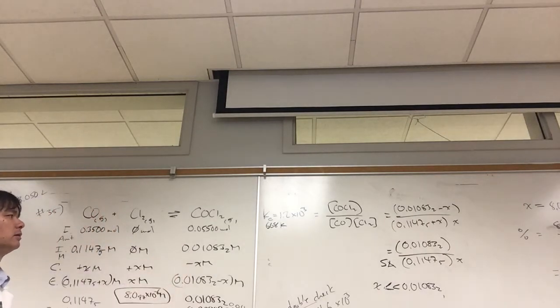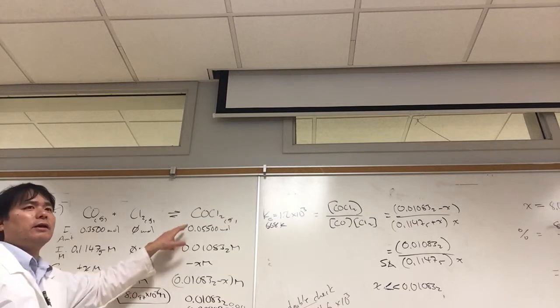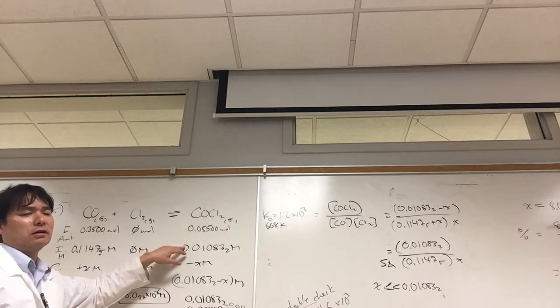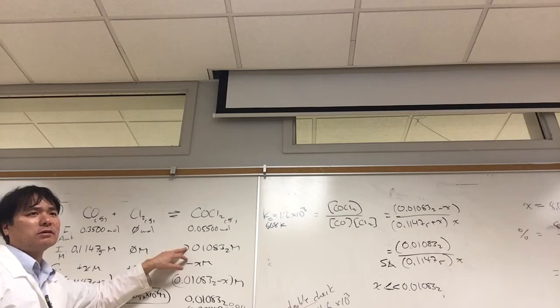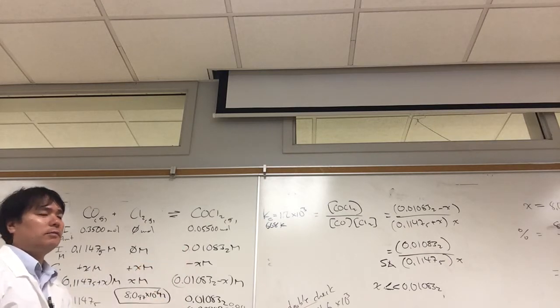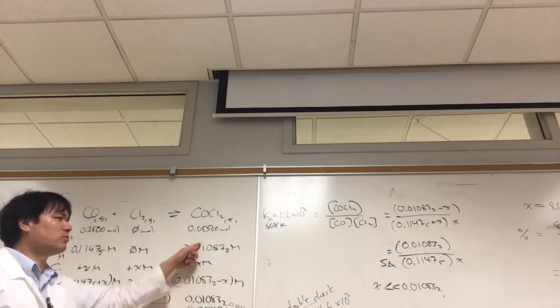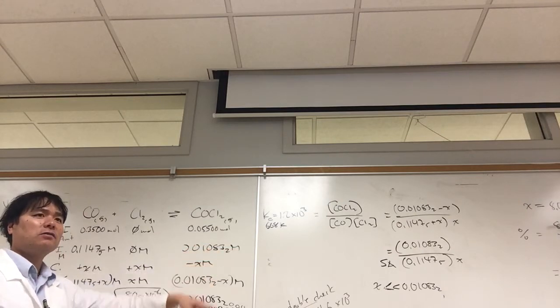Or what did you get? Well, even if this is wrong, we could have made a wrong answer here. But then that means there are two errors. We still have an error here. Because with the wrong initial, it should have given us a K that matched, because we used the wrong initial to solve for x. Right?